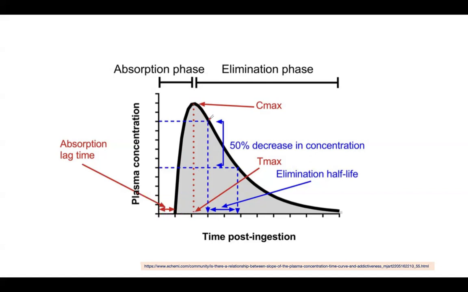And the time taken for a 50% decrease in concentration, like from here to here, is the elimination half-life. These are again important pharmacokinetic parameters that we need to understand when we are talking about changes in CKD.